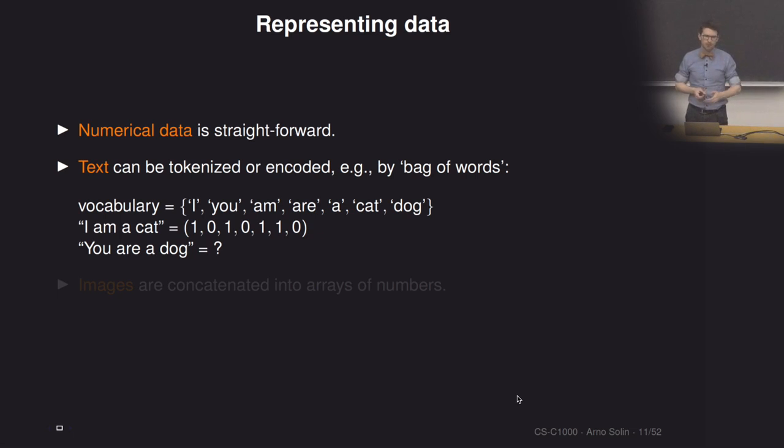So for example, here I have this corpus, this list with I, you, am, are, a, cat, dog. And then I can encode "I am a cat" into 1010110, just based on which of these words are present in the string or sentence I provide.